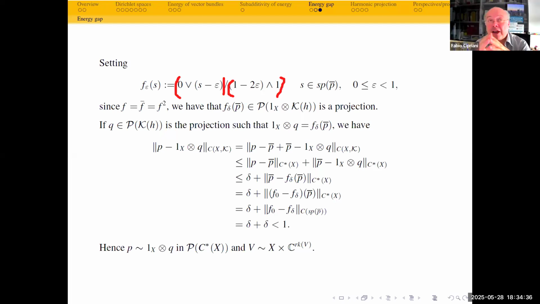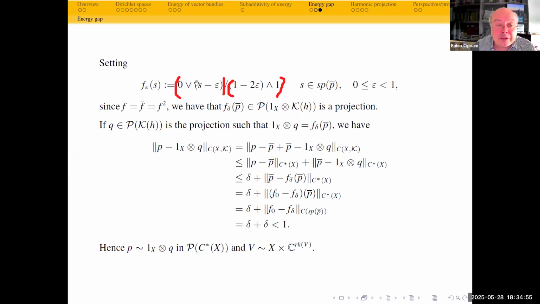Yes. So it is a function which is constant, equal to 0 on an interval, equal to 1 on another interval, and is linearly interpolated between the two values. Well, it's a very confusing notation.